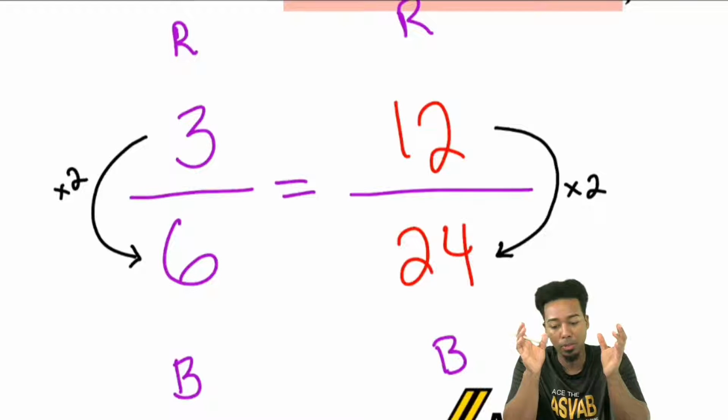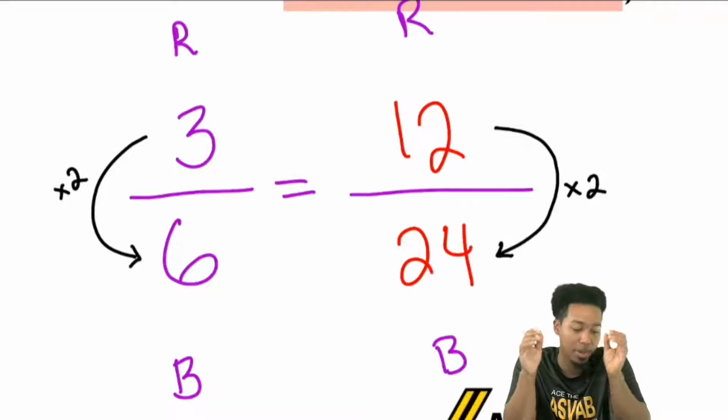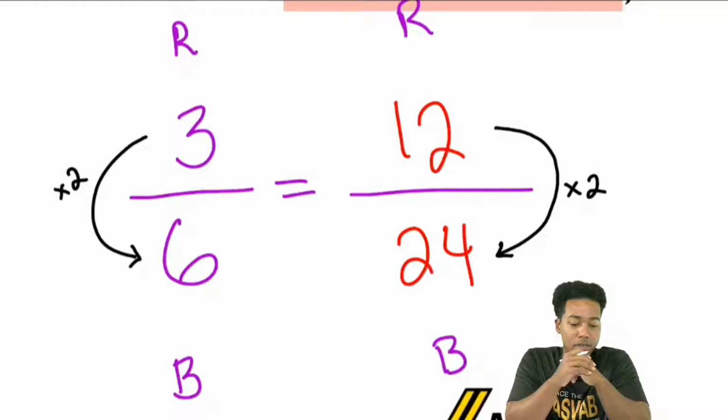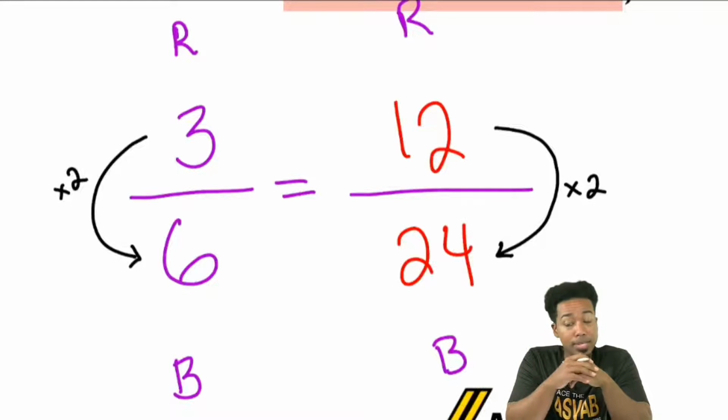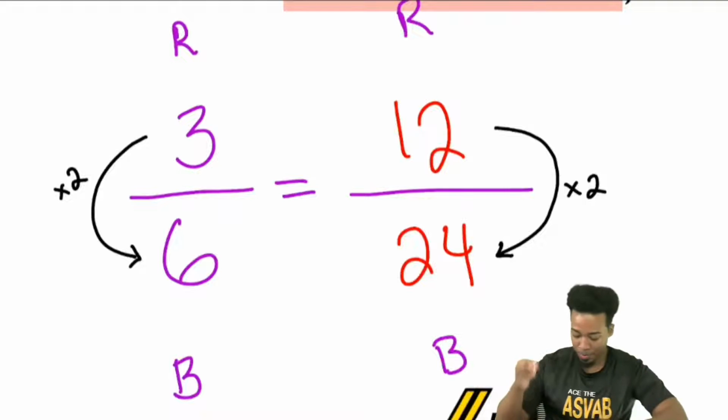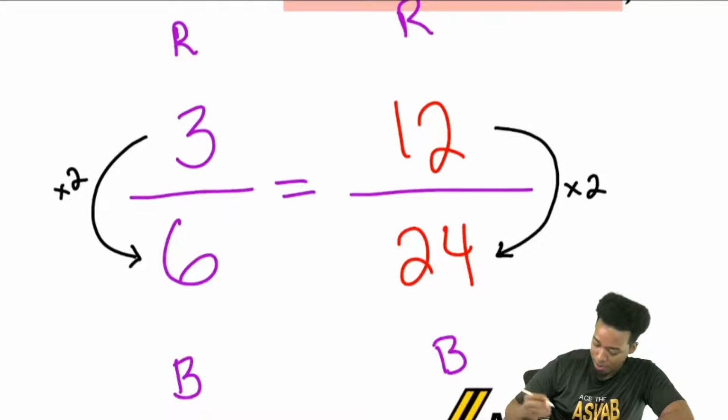Now, there's something that I want you to really pay attention to. It's going to be not just top to bottom or bottom to top. It's going to be left to right. You can compare that as well. As long as you're doing it in the same way, you're fine. Everybody watch this. Compare here.